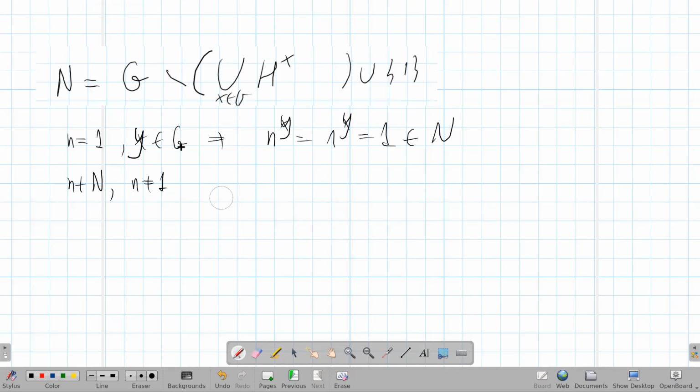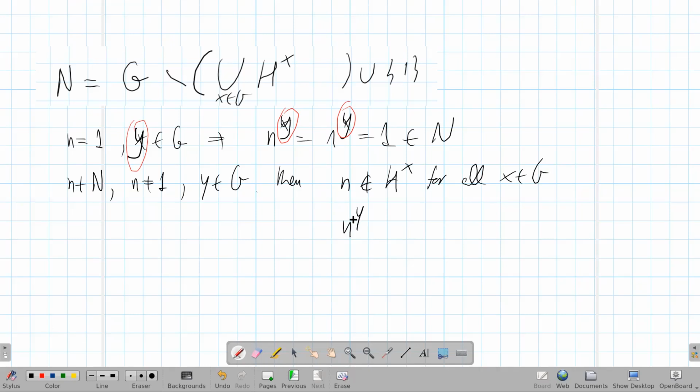So let y be in G. Then we know that n is an element of G which is not in any conjugate of H, for all x in G. But then if you conjugate by y, you obtain that n^y is not in H^(xy) for all x in G, because I've just conjugated both sides.